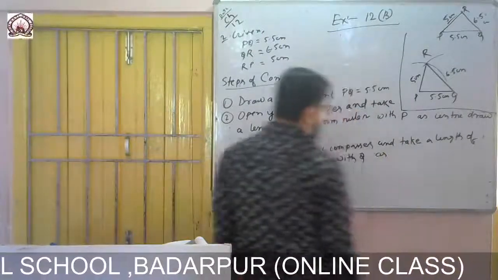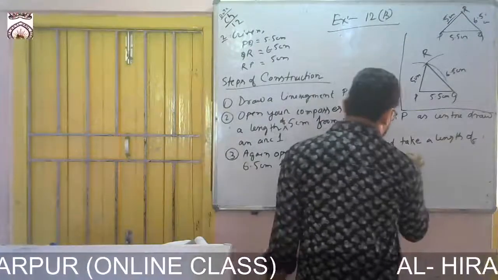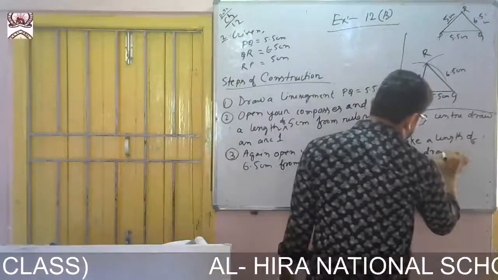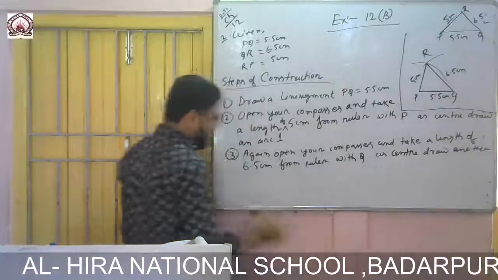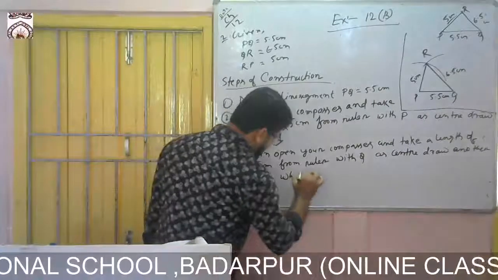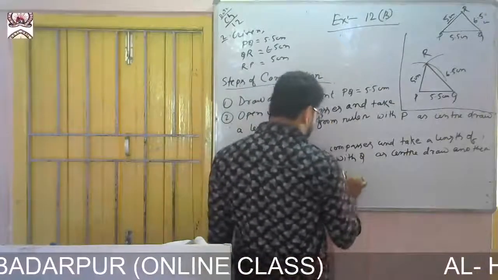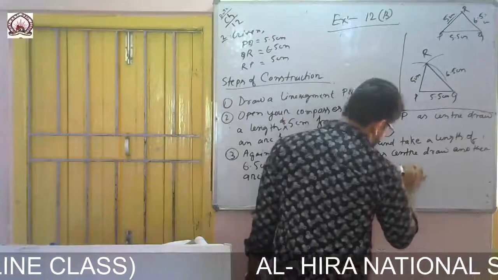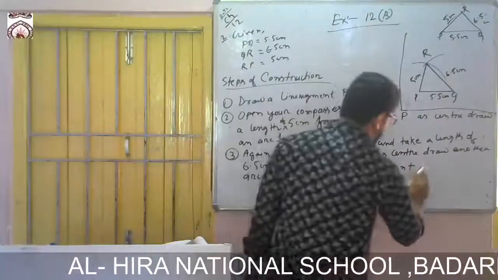With Q as center, draw another arc, arc 2, which cuts arc 1 at point R.